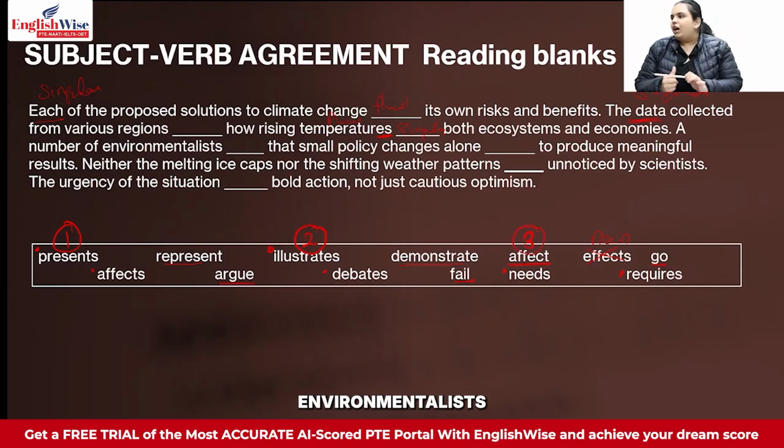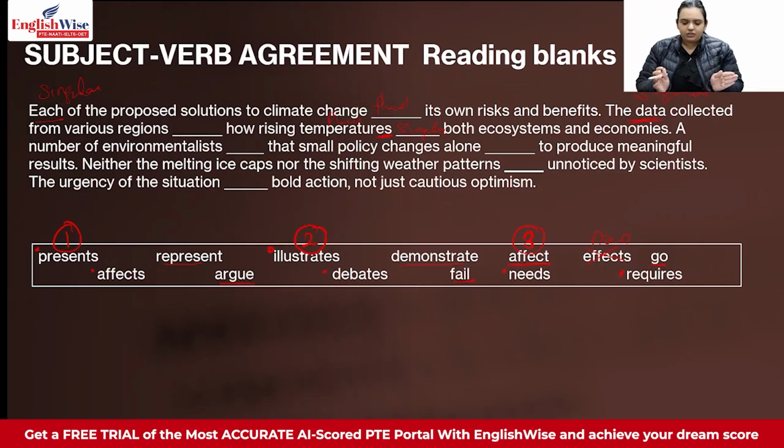A number of environmentalists dash that small policy changes alone dash to produce meaningful results. Now this is one of the tricky cases that I was talking about. A number of environmentalists, again this is an X of Y situation, so we should generally look at X. So a number of environmentalists argues, that is wrong.